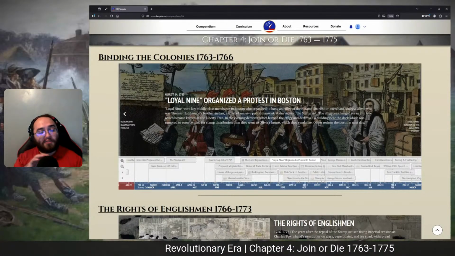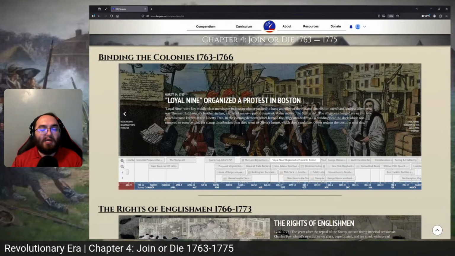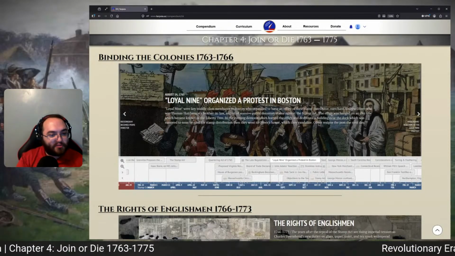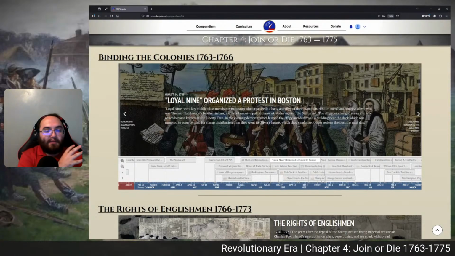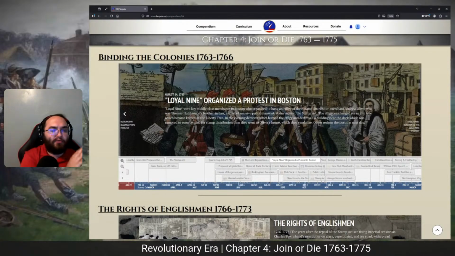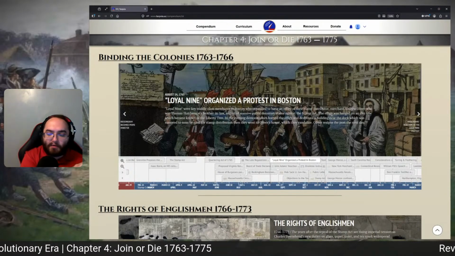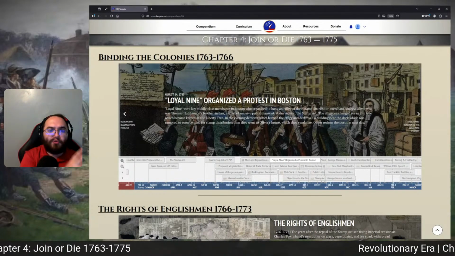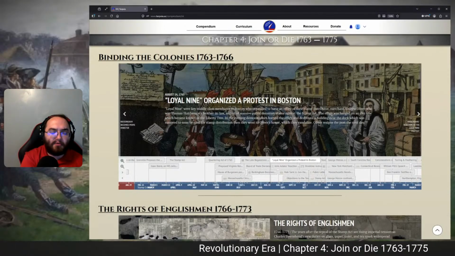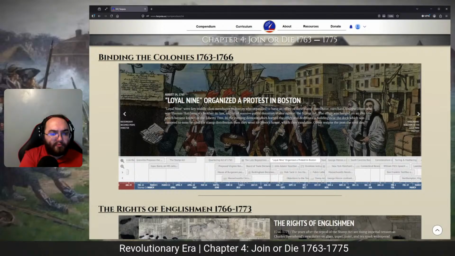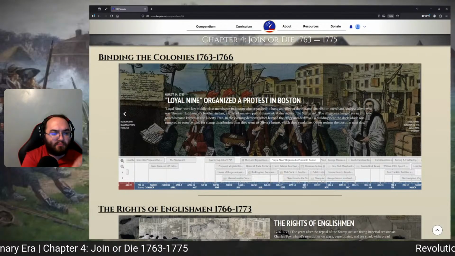So again, it's part of this interesting transition from a religious aspect to a more political aspect. You had Puritan and other non-Church of England religious leaders during the Great Awakening, which is the Calvinist revival in the Americas, right around the time of the French and Indian War, circa 1740s and 1750s, so right before this time.